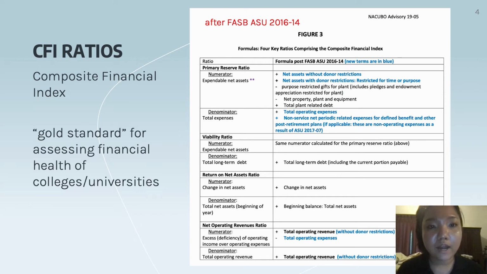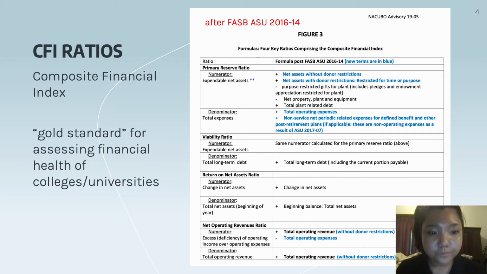For expendable net assets, now that the classification of temporarily restricted assets is non-existent, we add net assets without donor restrictions plus net assets with donor restrictions that are for time and purpose. Then we subtract the net investment in plant, the net property, plant, and equipment, and we add total plant-related debt, and that gets us our expendable net assets.